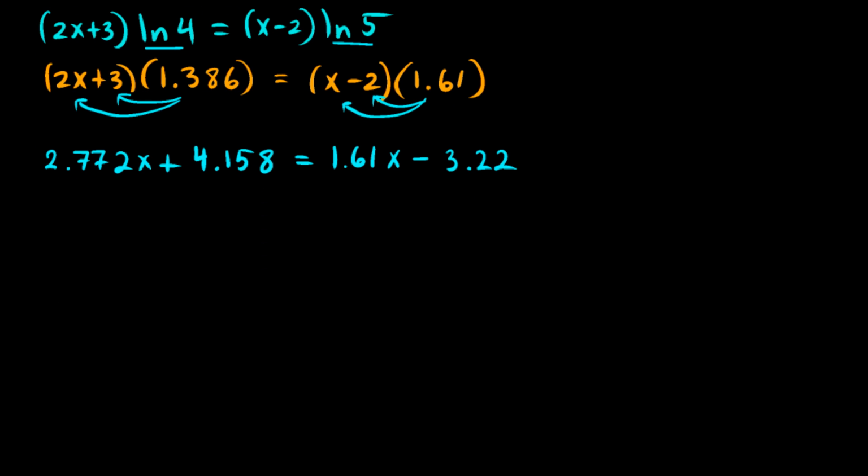Now let's get the x's on one side, so I'm going to subtract 1.61x on both sides. So 2.772 minus 1.61 is going to give me 1.162x.